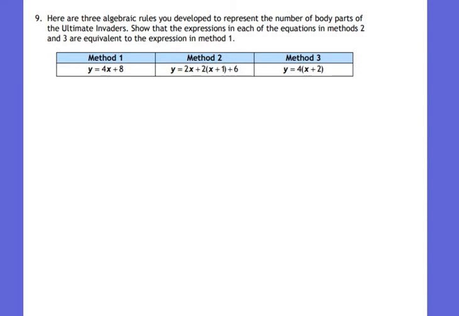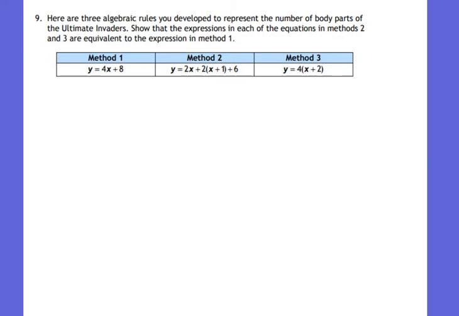Should they all equal the same thing? Yes. Because wasn't it the same problem, but everybody had a different way of looking at it? Yes. So shouldn't it equal the same thing? Okay? This one is already as simplified as it can go, because is there any more like terms? Any like family members? No.